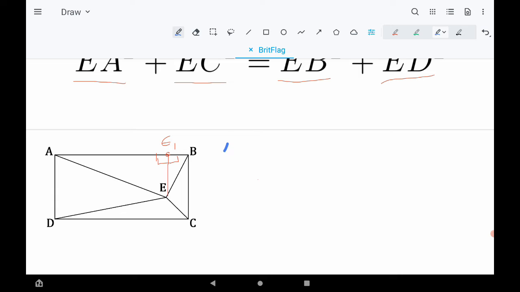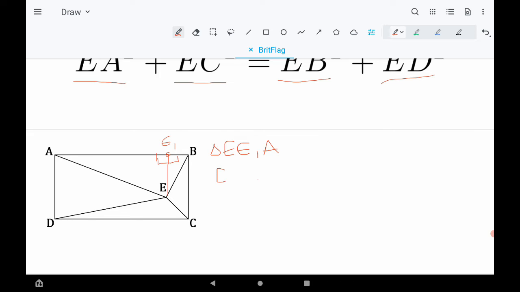So let's do that. In triangle EE1A, what is our Pythagorean relationship? Well, we have EA as the hypotenuse, right?